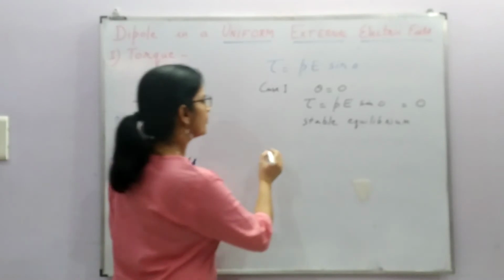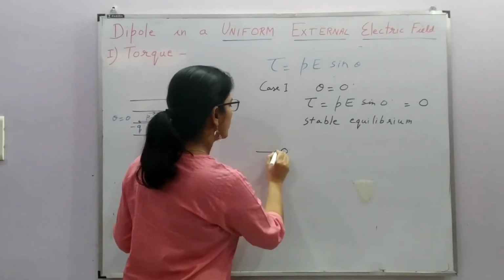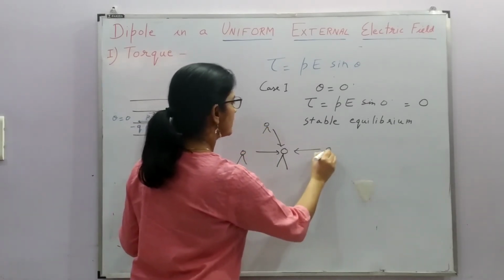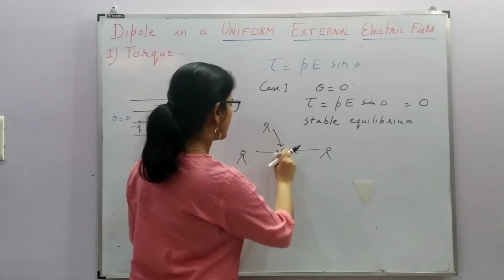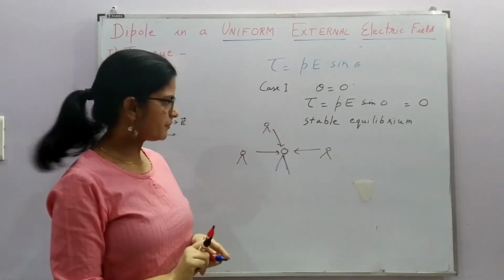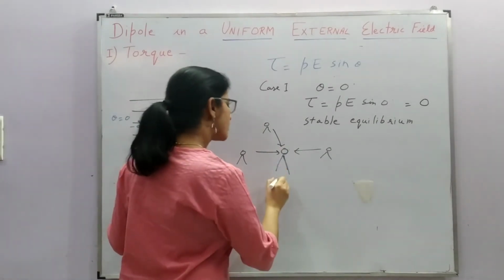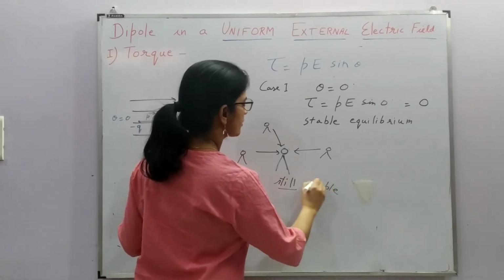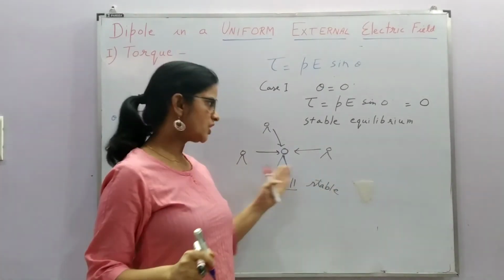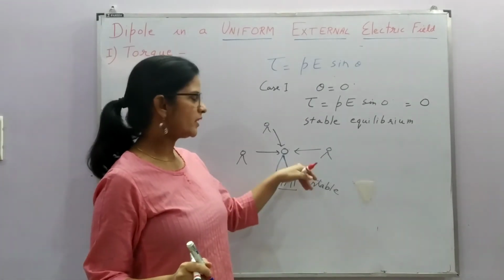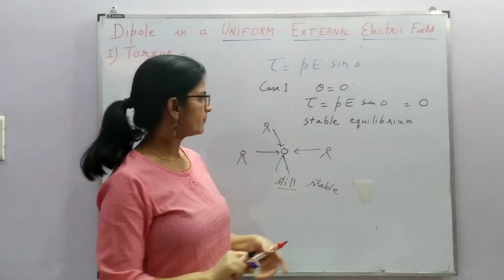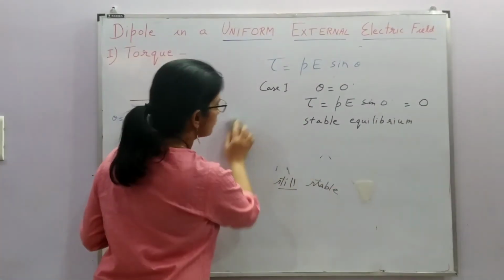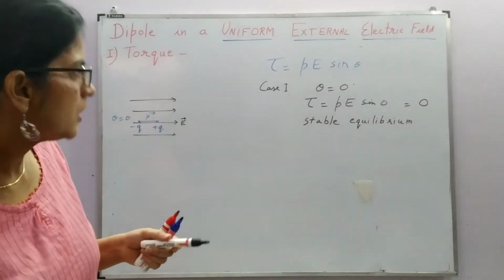So that means if we have a person on which many forces are applied by different persons, and this person initially was stable, and when these forces are applied, this still remains stable. Then this is called stable equilibrium, because initially also this was in equilibrium, and now when the forces are applied here, it is still in equilibrium. So this is called the position of stable equilibrium. So theta equal to 0 is the position of stable equilibrium.